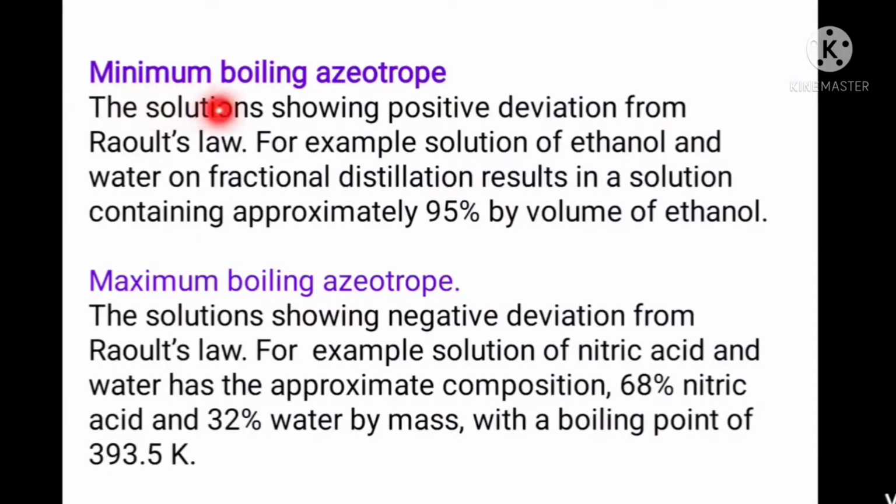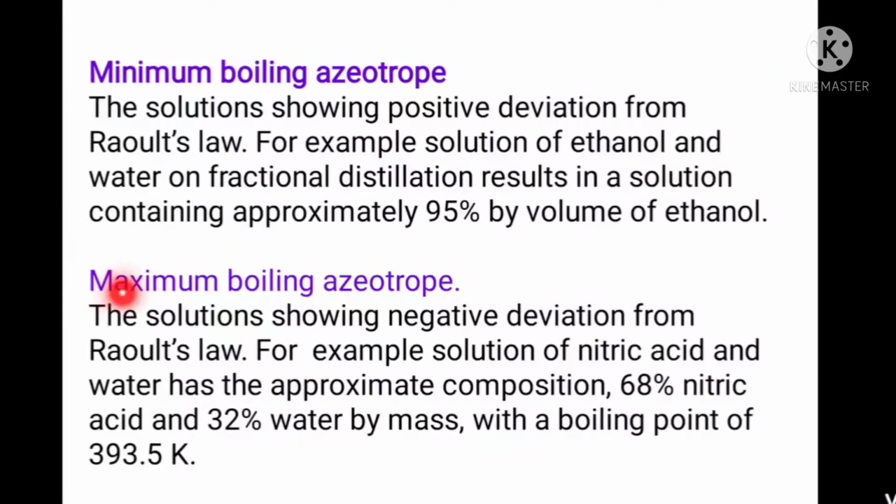The solutions which show large positive deviation from Raoult's law are called minimum boiling azeotropes. Example, a solution of ethanol and water on fractional distillation results in a solution containing approximately 95% by volume of ethanol.